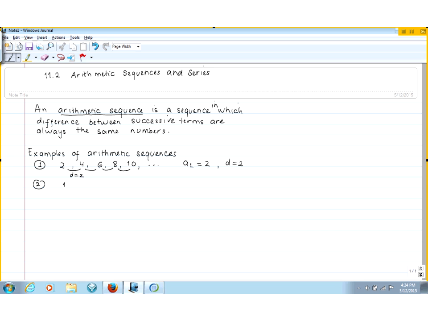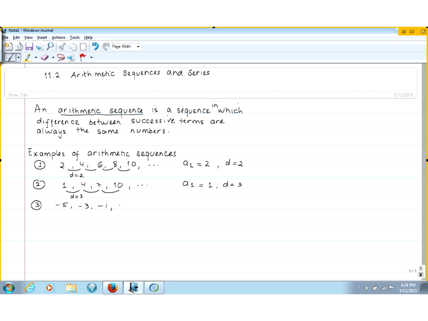All right. Now, the next example is 1, 4, 7, 10, etc. In this case, the first term is 1. The common difference is, let me see, 10 minus 7 is 3, 7 minus 4 is 3. So the common difference is 3.